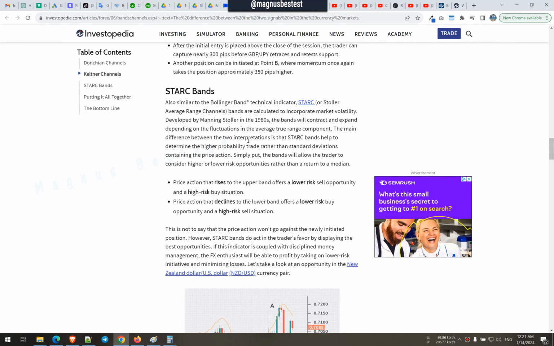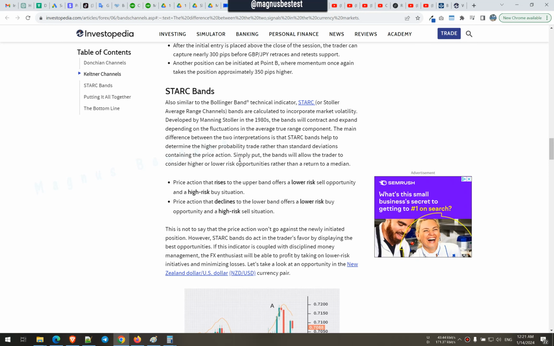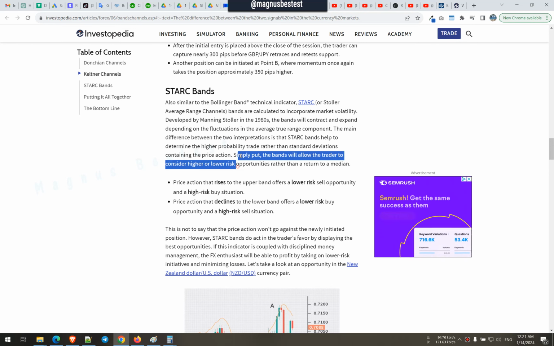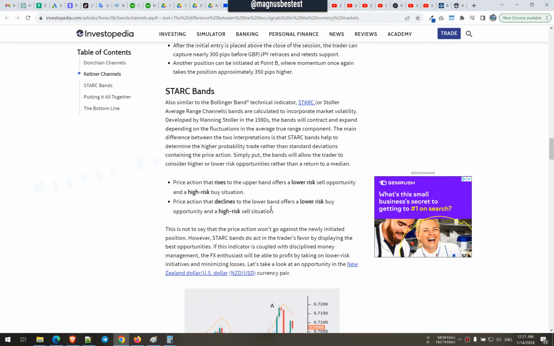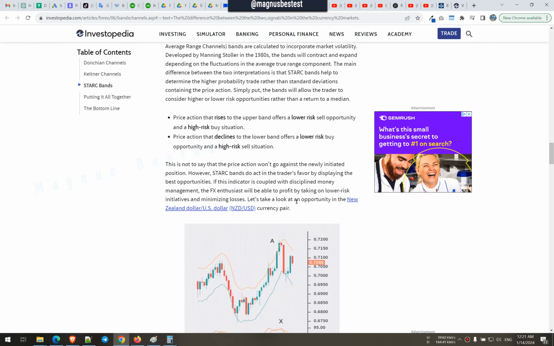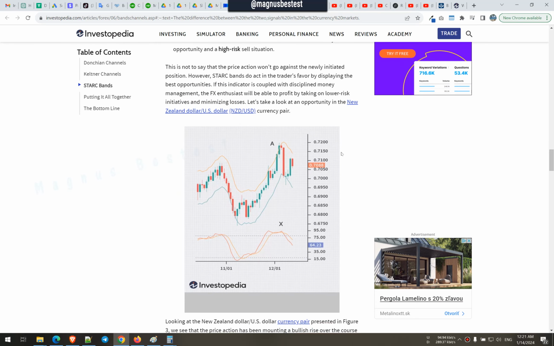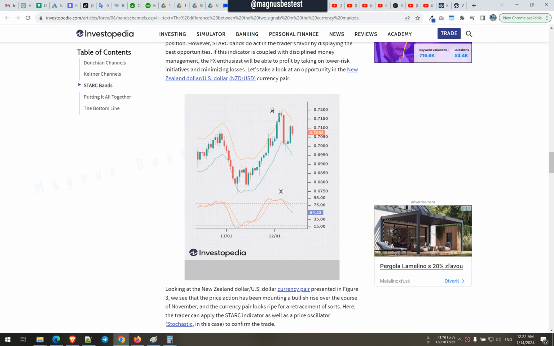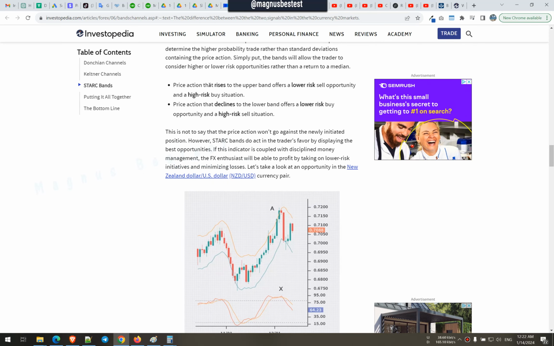Okay, and this time we are again doing reversals, so it's a similar trading style as the Bollinger Bands. And here I need to show that to you only on the website, because Pocket Option doesn't have this indicator in their selections. So let me read it for you here as well.